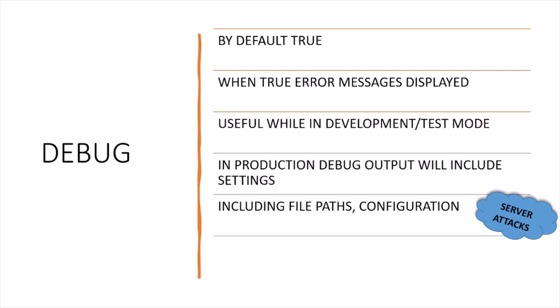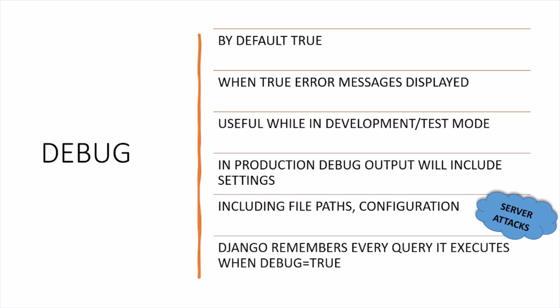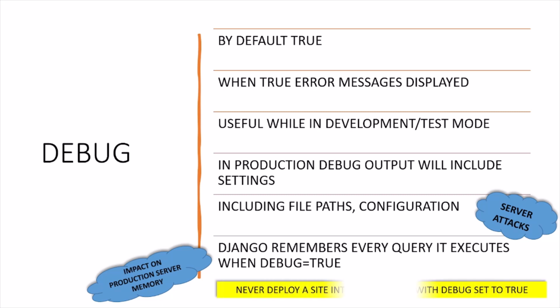So that's one reason why you would never have debug set to true in the production environment. The other reason is that when debug is set to true, Django will remember every query it executes. Now, if you have debug set to true in the production environment, this is going to negatively impact server memory. Therefore, never deploy a site into production with debug set to true.